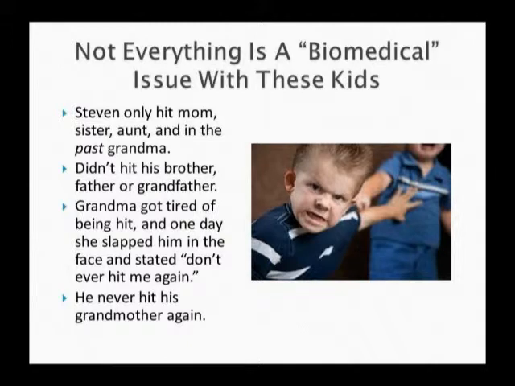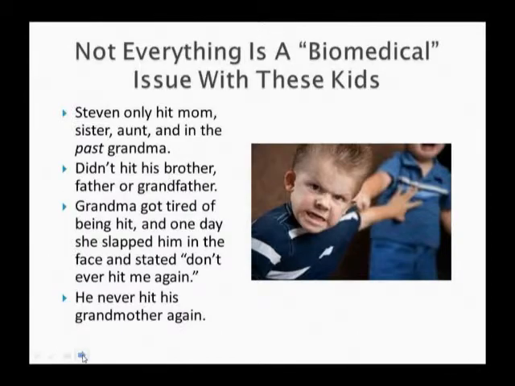I know there's some philosophy in behavioral therapy with younger kids to kind of look past this type of behavior, but in this particular situation, it was quite severe and had gone on way too long, and so this particular boy had a real problem in that he would only hit women in his life. So anyway, that's a kind of a lesson learned. It certainly was for me at that time.